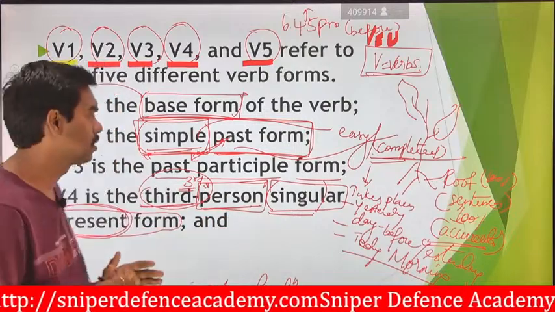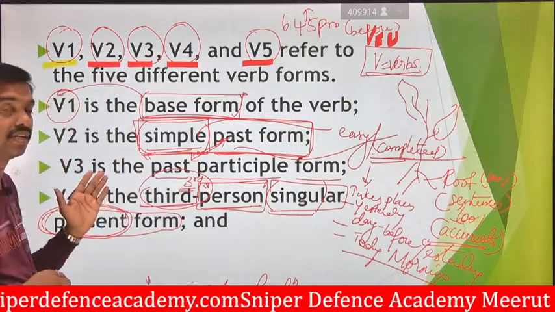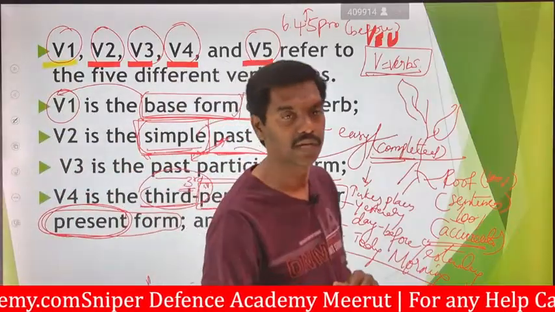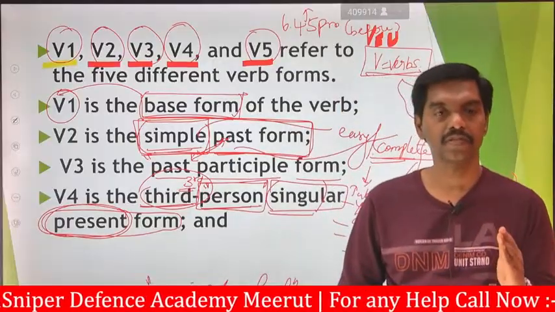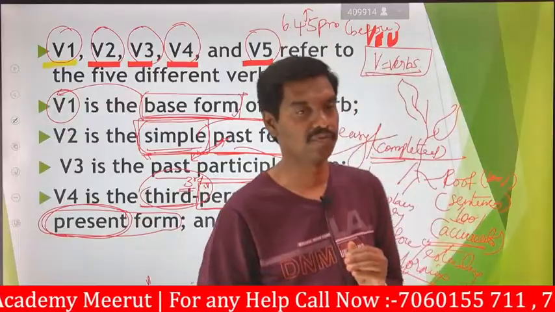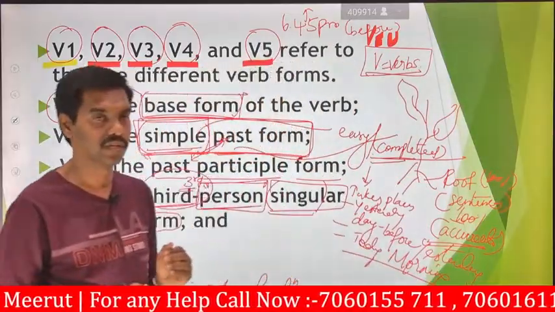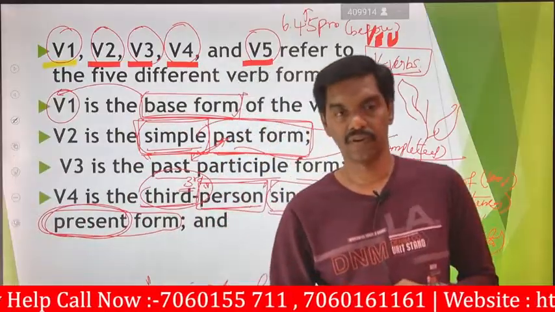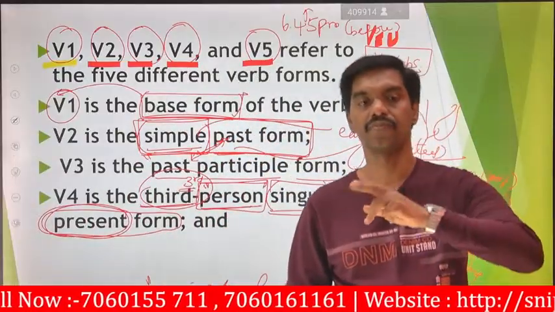It appears in singular, not in plural. The person you represent will always be in singular form: he or she, whatever it may be. It always represents singular forms in terms of present forms. That is the main thing.